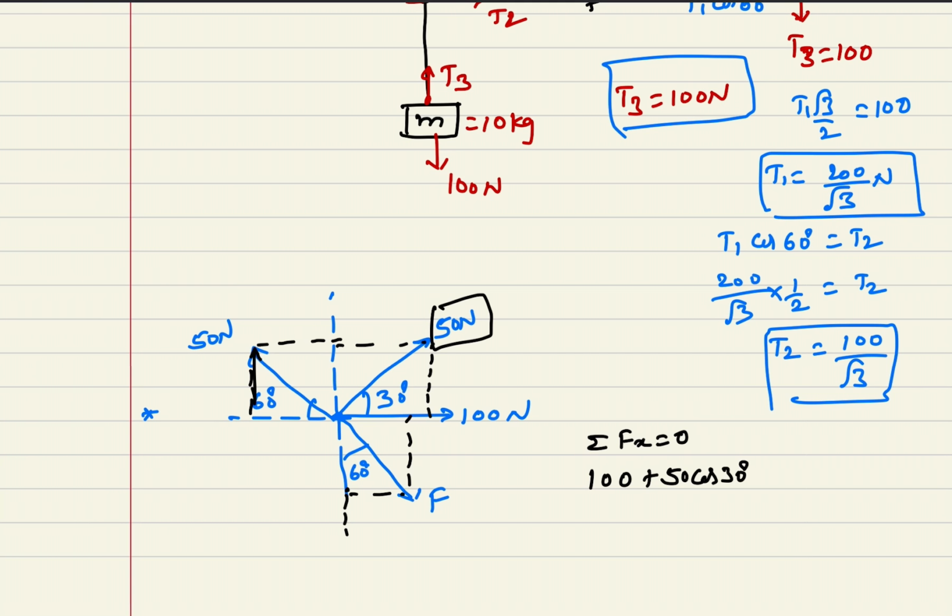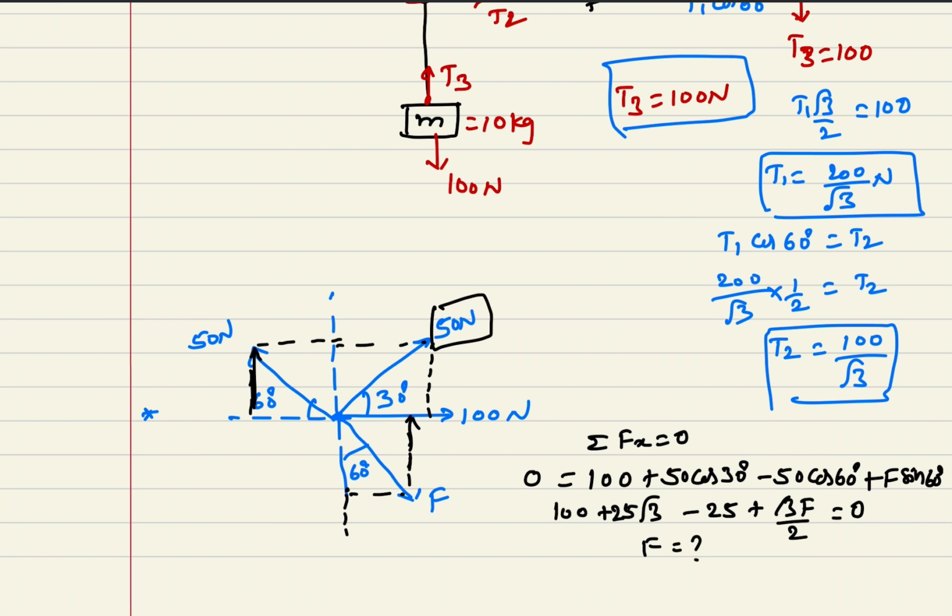Okay, and you can see one more force is acting on the left side, minus 50 into cos 60 degrees, and one more force F is there, so we can write plus F into sine 60 degrees is equal to 0. From this we can get the value: 100 plus 25 root 3 minus 25 plus root 3 into F divided by 2 is equal to 0. From this we can calculate the F value if the body is at rest.